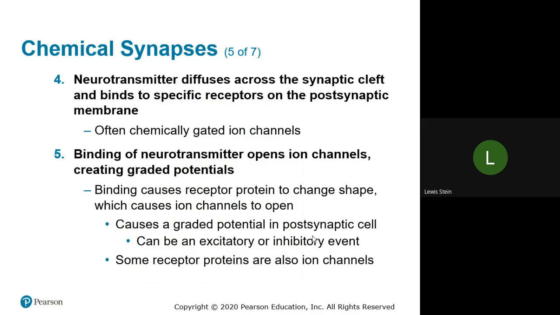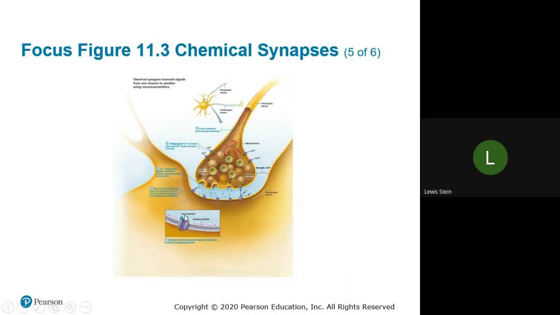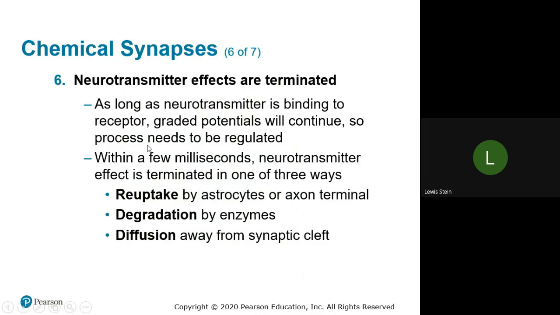Some of these neurotransmitters open ion channels, which is very rapid, as opposed to affecting G protein channels, which are not quite as rapid, not slow by any means. So it depends on what they're stimulating. And here you can see the graded potentials emanating. As long as the neurotransmitter is there, they'll continue. Almost immediately, if it was an isolated event, again, the three ways, just like at a neuromuscular junction, the most common in the nervous system being reuptake.